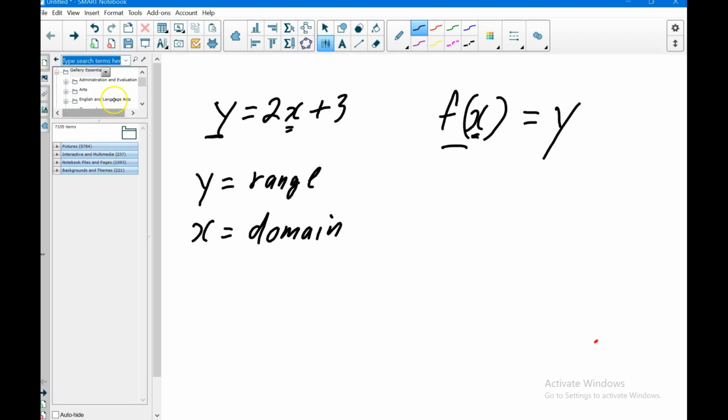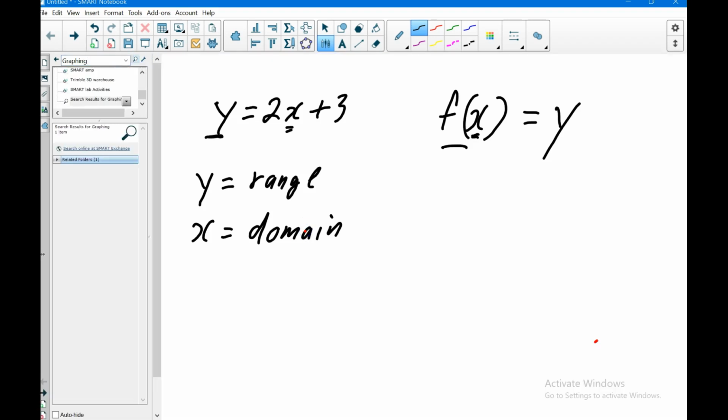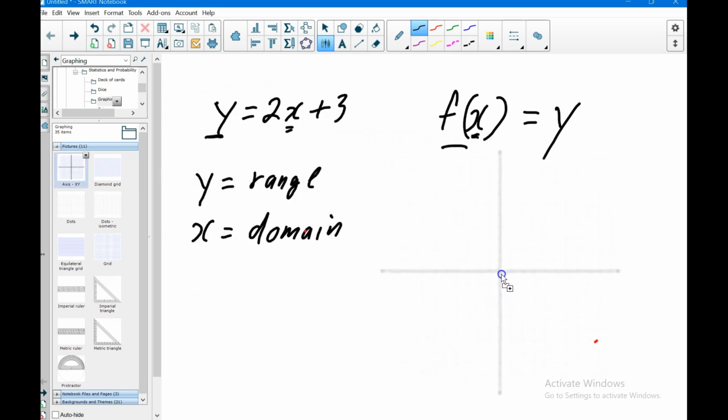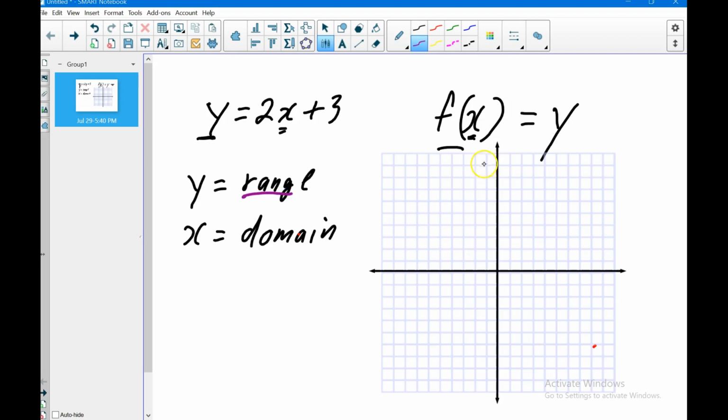What that means is that if I had a graph like that, the range here is all the values here and here, and the domain is all the values here and here.